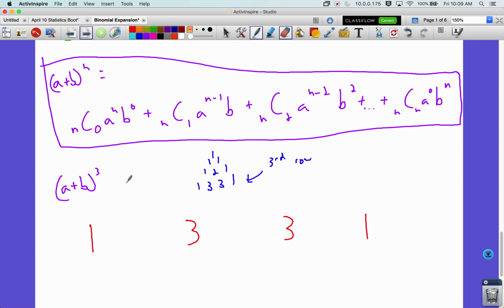And then for my a variable, it's going to go a to the third, a squared, a, no a's. And then b is going to count up. So no b's, b, b squared, b cubed. Let me make these actually different colors.